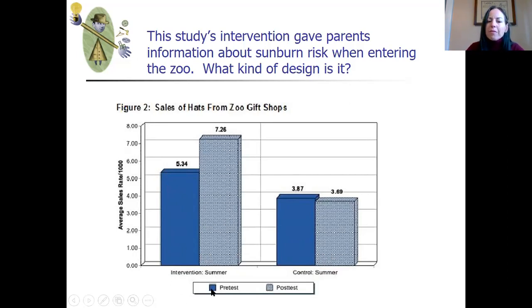But once they were given information about the sunburn risk, these guys bought hats a lot more. These barely changed because they didn't get any information, but we can see that the difference from pre-test to post-test is much greater in the intervention group, suggesting that giving information about sunburn risk allows you to sell more hats and make some more money.